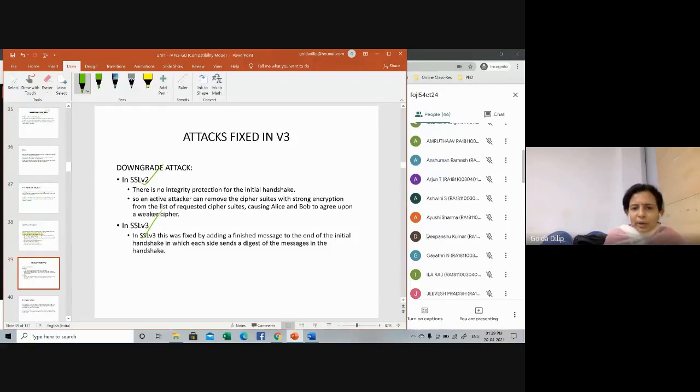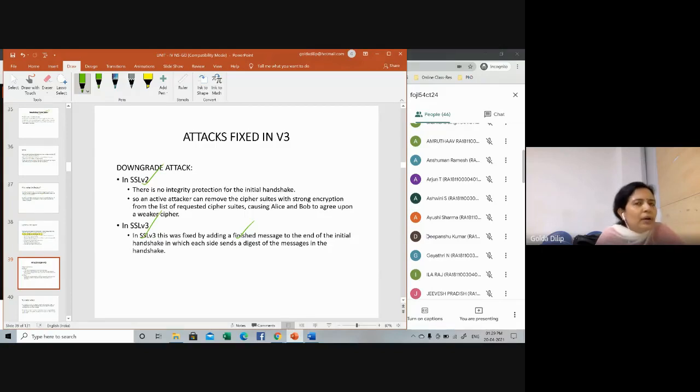You can see here, it puts a finished message. It requires both the client and the server to send a finished message which contains a MAC over all the previous handshake messages.